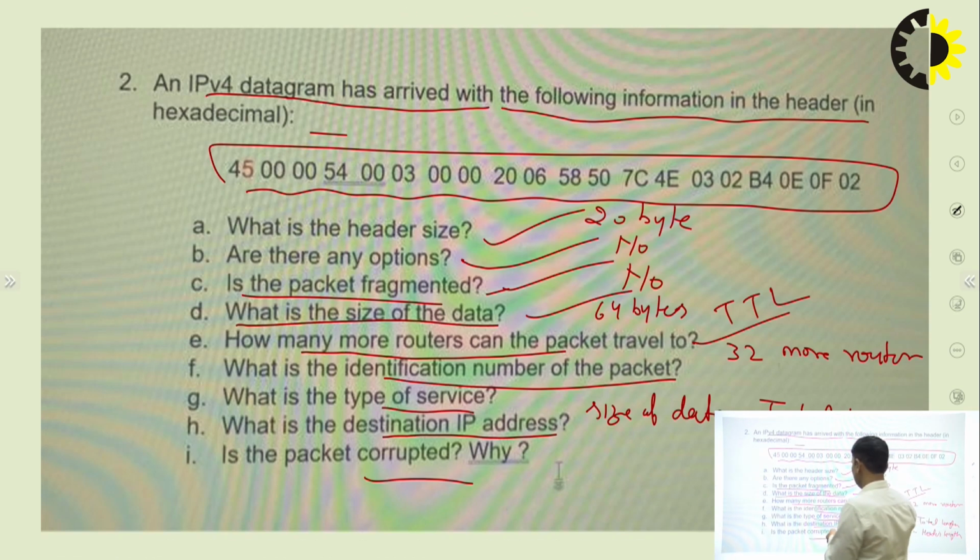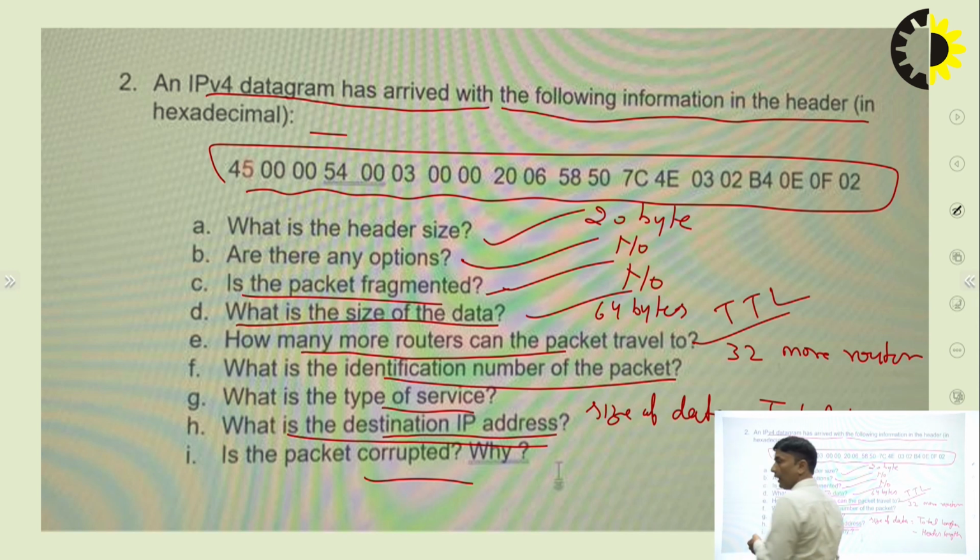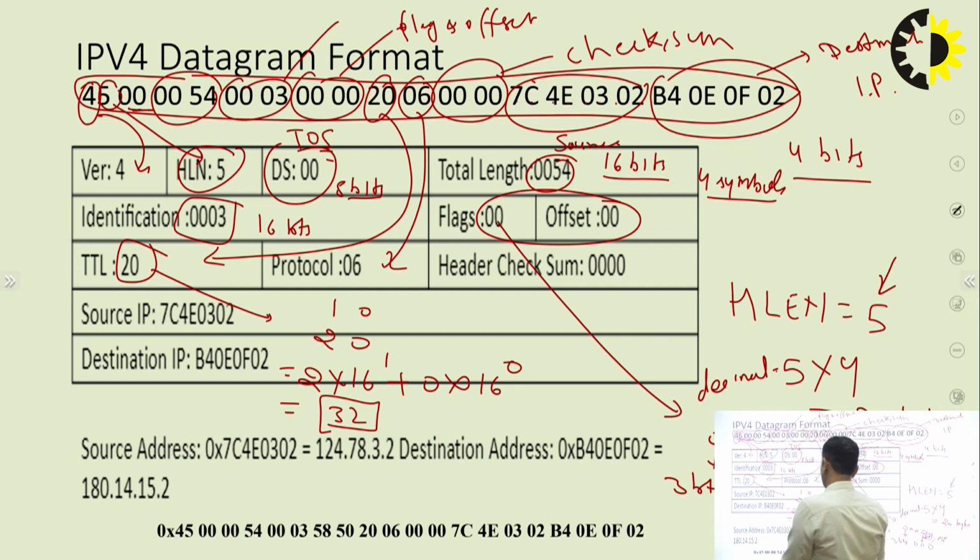Now, what is the source IP and what is the destination IP? This is the source IP, in hexadecimal, so we have to convert into decimal. The destination is also hexadecimal, and we convert it into decimal.